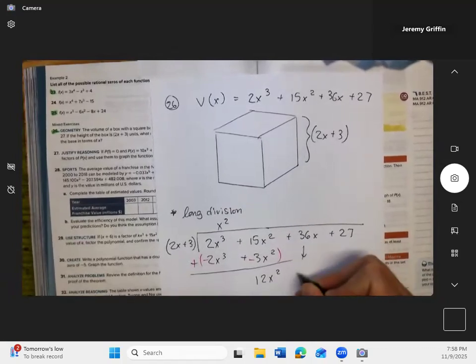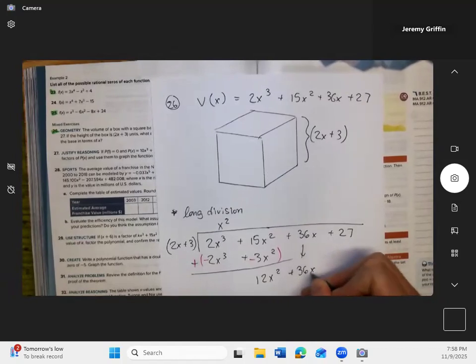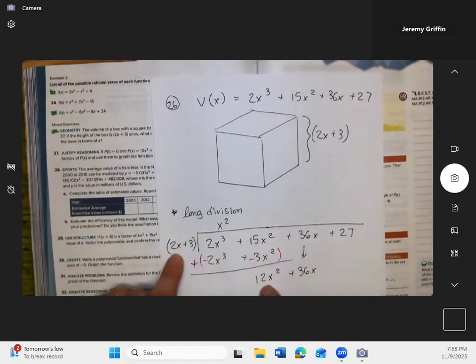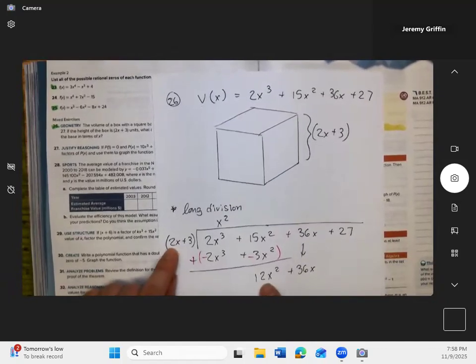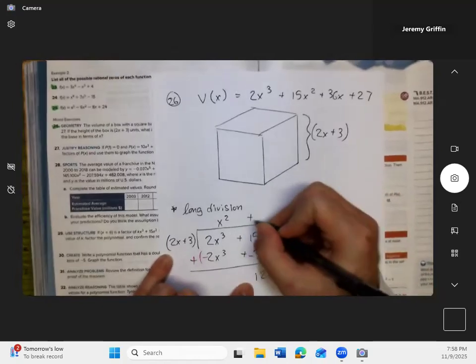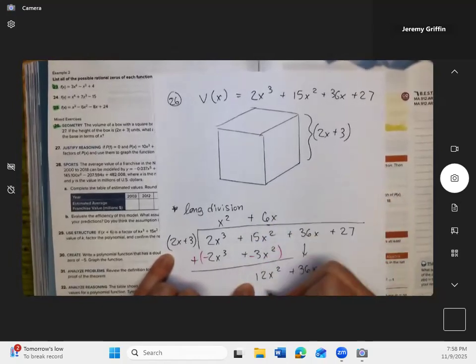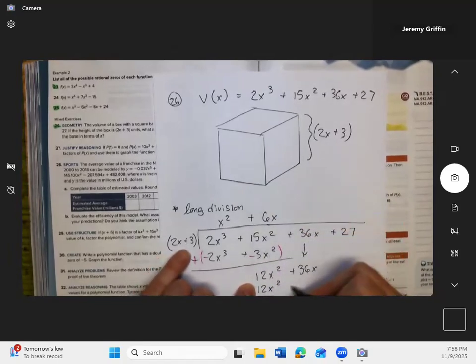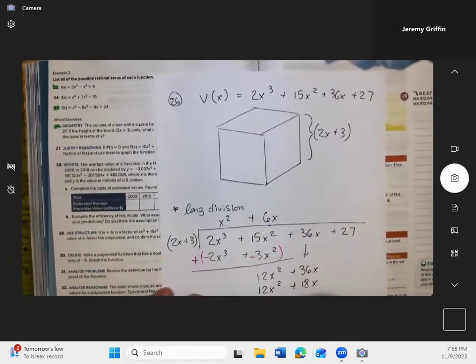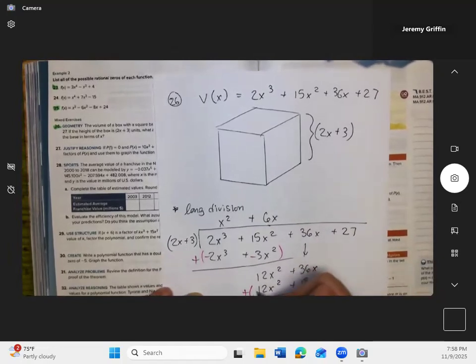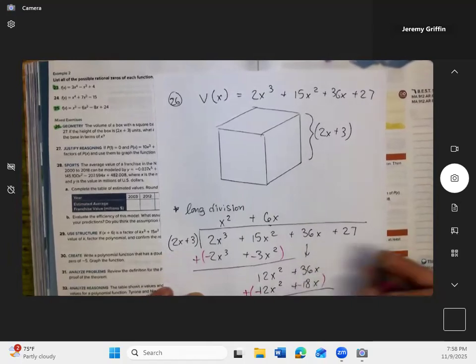Now drop down the 36x. How many times does 2x go into 12x squared? Well, it'll be 6x times. 6x times 2x is 12x squared. 6x times 3 is 18x. Subtract this off, so plus minus minus.